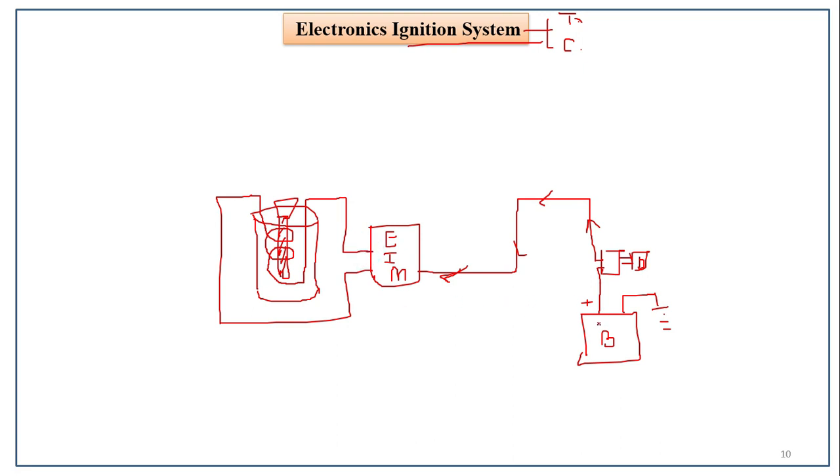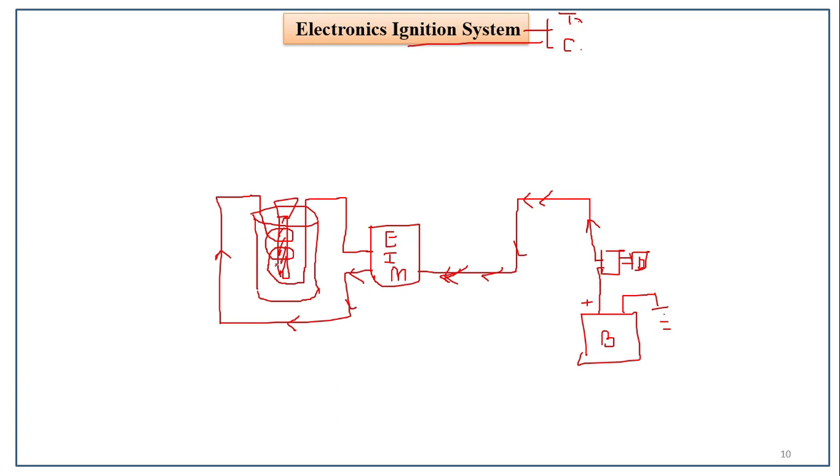So I just repeat, from the positive terminal of the battery, the current will be passed in this direction, where it is measured in the electronic ignition module, and through the electronic ignition module this is transferred to the ignition coil or primary coil.